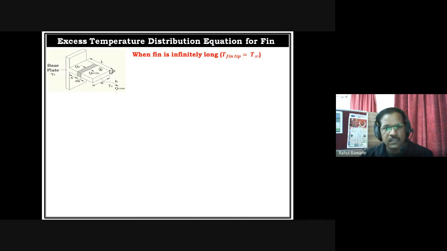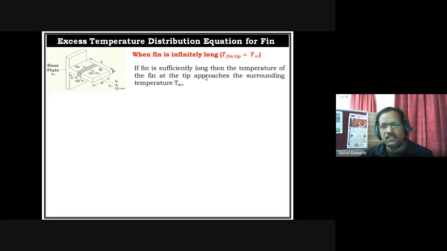When it is restricted to a practical length, there will definitely be some tip temperature. But if I extend the fin to infinity, the tip temperature will equal the surrounding fluid, because heat does not reach that tip. So if a fin is sufficiently long, the temperature of the fin at the tip approaches the surrounding temperature. So the tip temperature remains equal to the surrounding fluid.